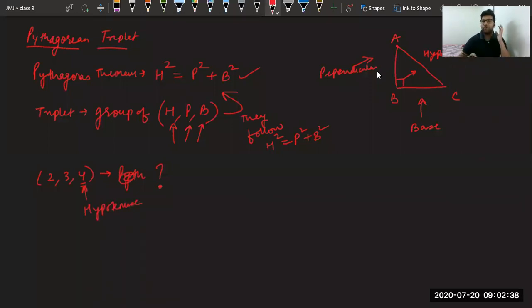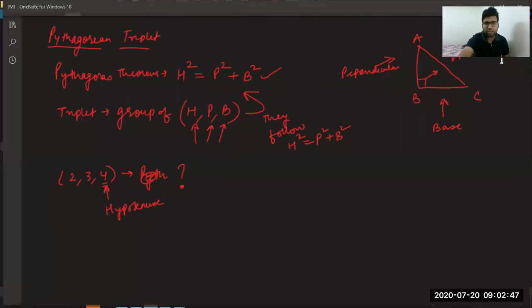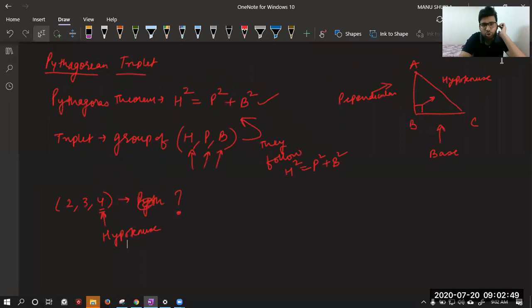Now try to use the formula h square equal to p square plus b square and check. Are they coming equal? If they are coming equal, that means they are Pythagorean triplet. Rachit saying no. Yes, it is no, because 4 square is not equal to 2 square plus 3 square. Very good. We can say they are not Pythagorean triplet.